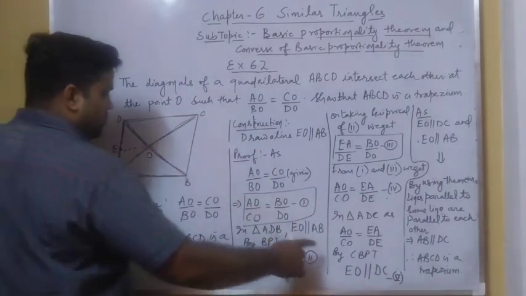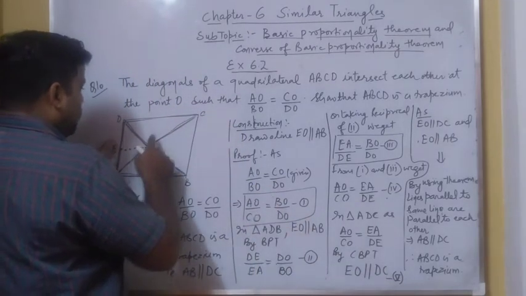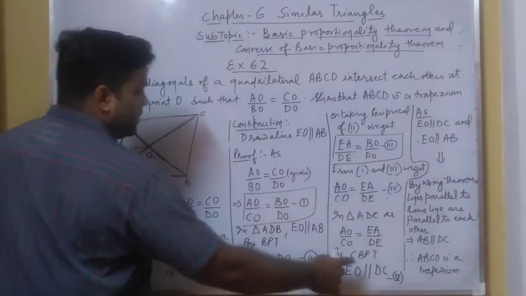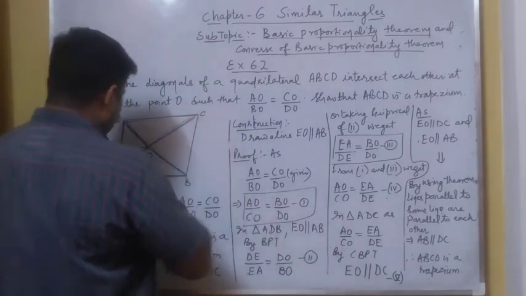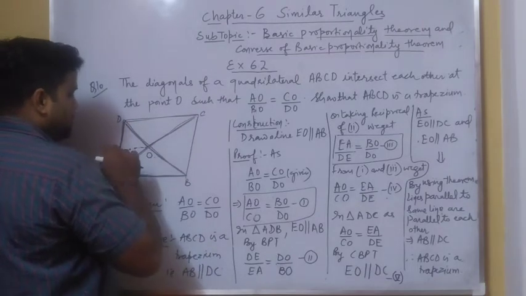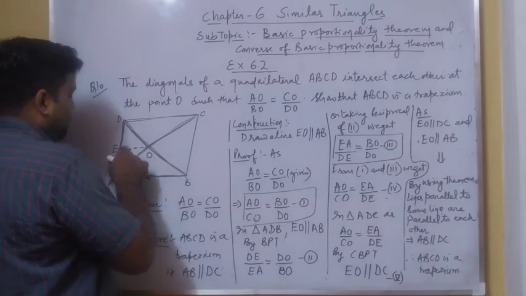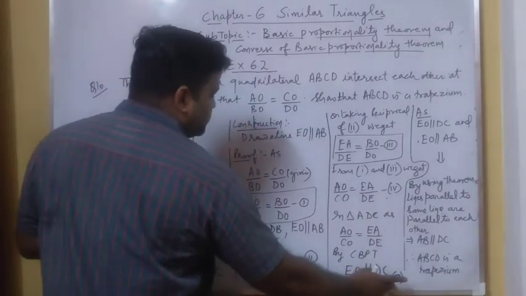So by the converse of the basic proportionality theorem, we can say that EO is parallel to CD. By applying the converse of the basic proportionality theorem, we get EO parallel to DC or CD. We consider it as equation number 5.